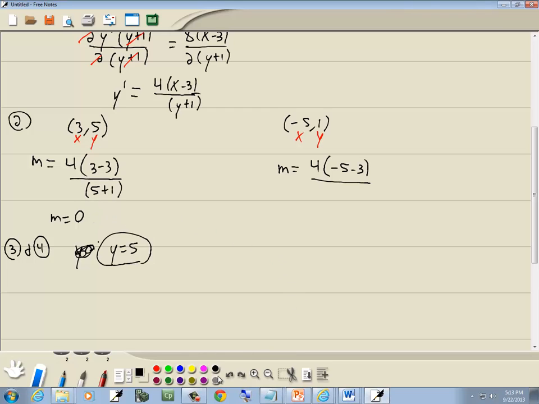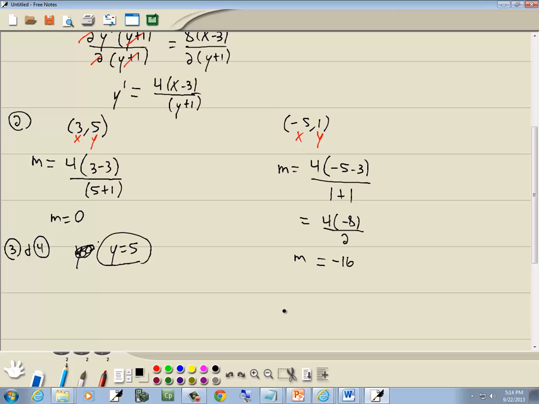There. That 2 shouldn't be there. Okay, (y + 1), so we're going to have 1 plus 1. So that gives us 4 times negative 8 over 2. 4 divided by 2 is 2, times negative 8 gives us negative 16.